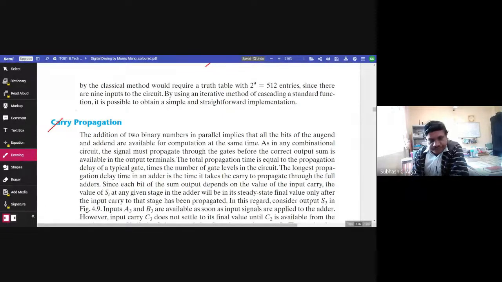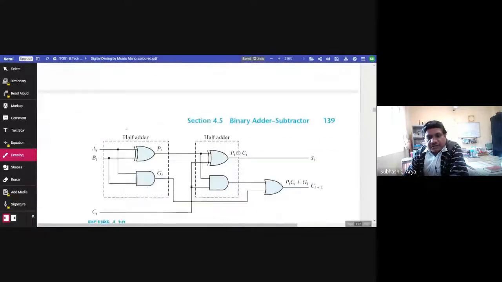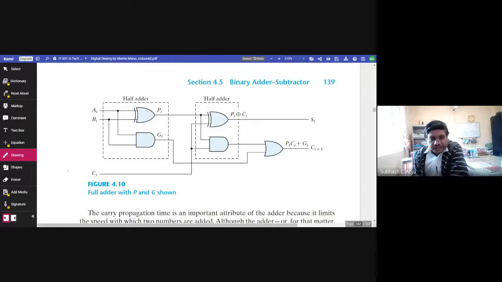Carry propagation, this section deals with the issues occurring in carry. If you can see, this is figure 4.10. It shows the full adder with P and G. The entire circuit is called a full adder. In a full adder, we have three inputs: Ai, Bi, Ci. We have two outputs: Si, that is the sum, and Ci plus 1, that is the next carry.